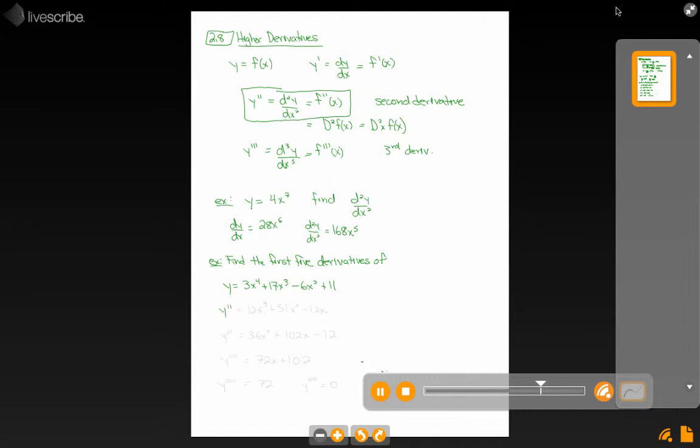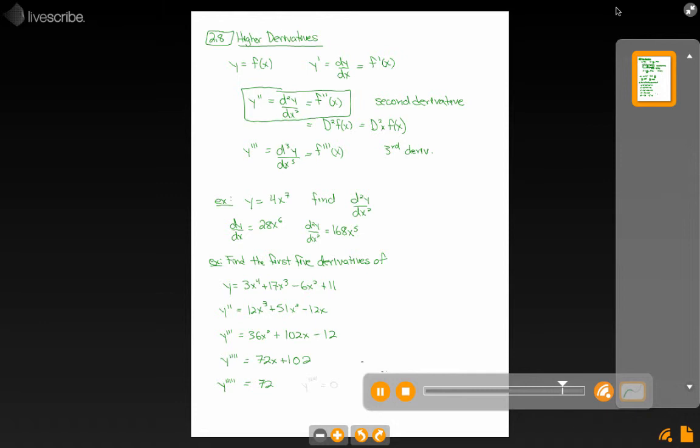Well, the first derivative, 12x cubed plus 51x squared minus 12x. Keep going, and the next derivative is 36x squared plus 102x minus 12. The next derivative is 72x plus 102. And the fifth derivative is 72.